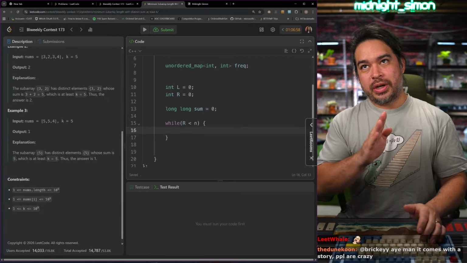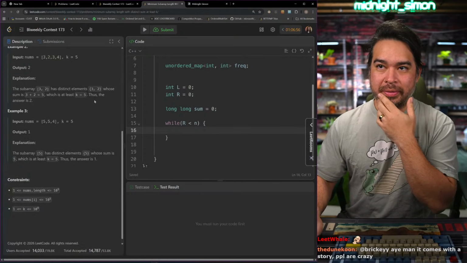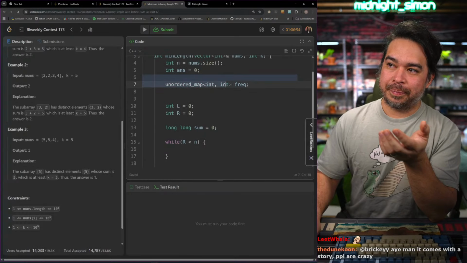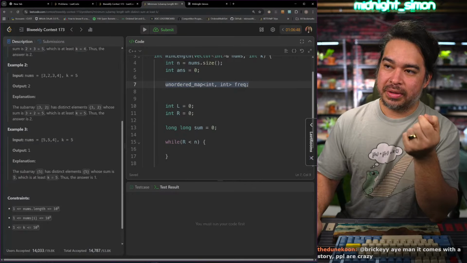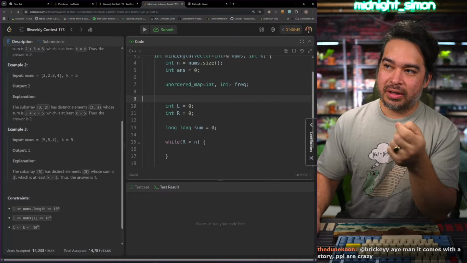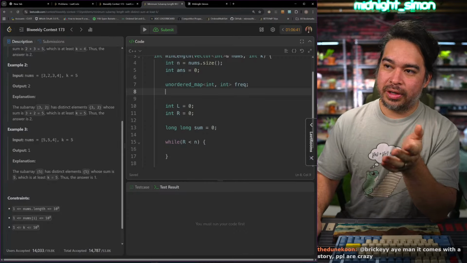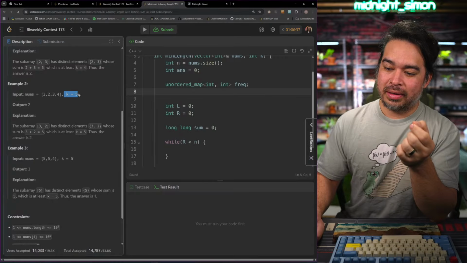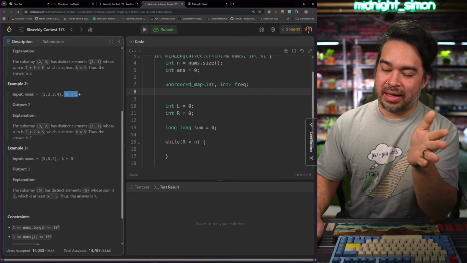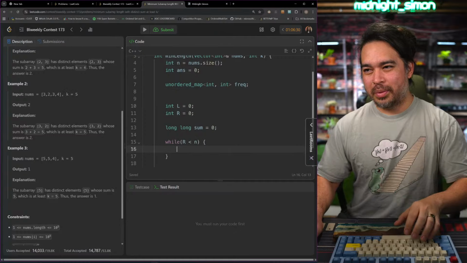So what I'm doing, I'm trying to grow my window and keep a set of all the distinct numbers. If it's a new entry in here, I'm going to add it to my sum. If it's not, I'm just going to increment. I'm going to keep growing until it's at least K, and then while it's at least K, I'll shrink. And we'll see if that works.